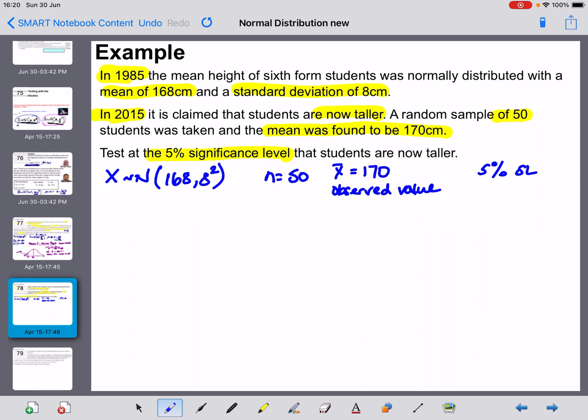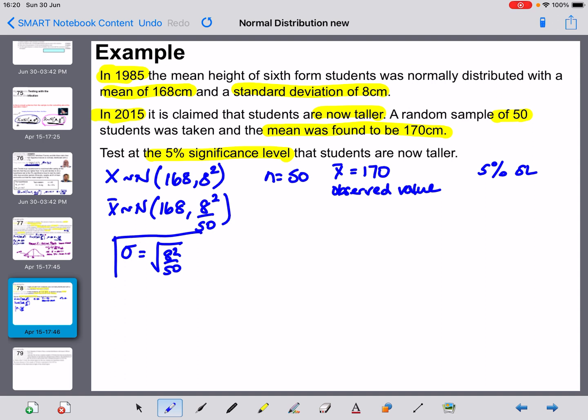Okay, so because we've got the observed value and it doesn't tell us a particular method, I'm just going to do method 1. So the first thing I need to do is convert my parameters. So the mean stays as 168, the variance will be divided by 50, which means I'm working with a standard deviation of the square root of 8 squared over 50.